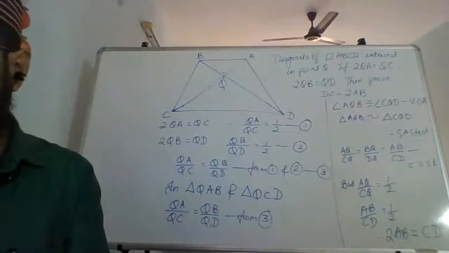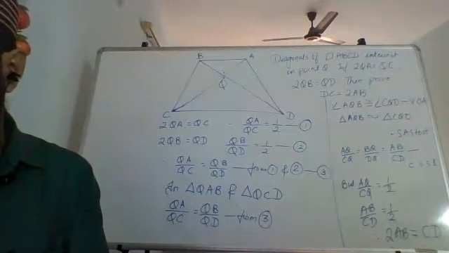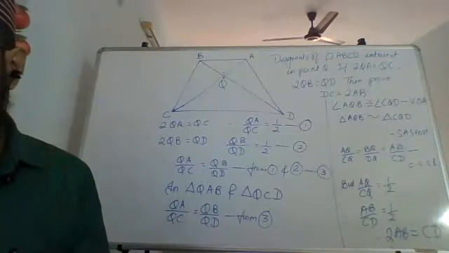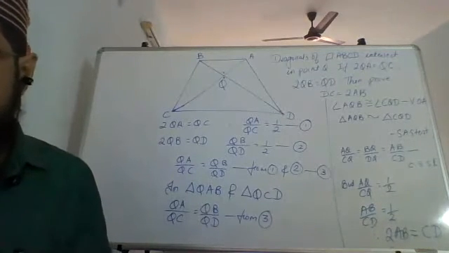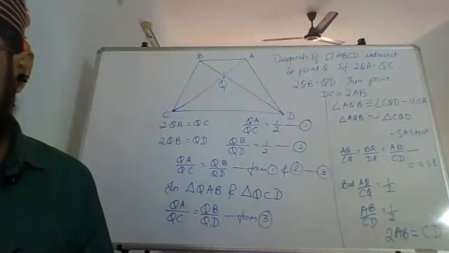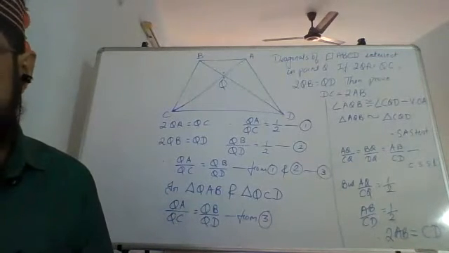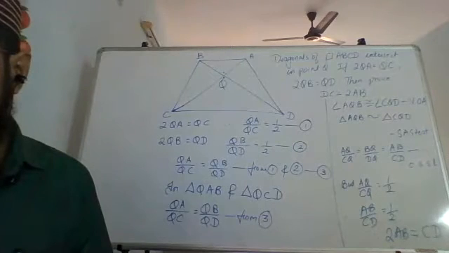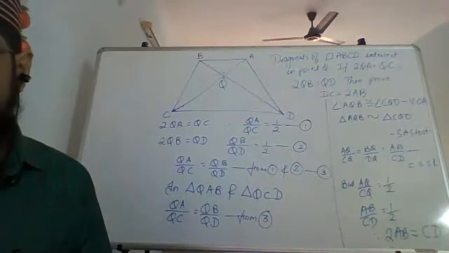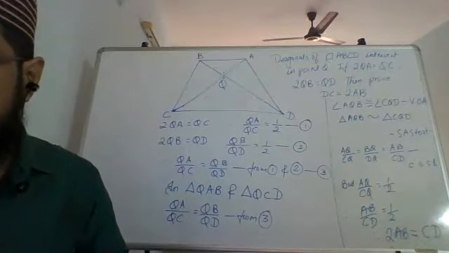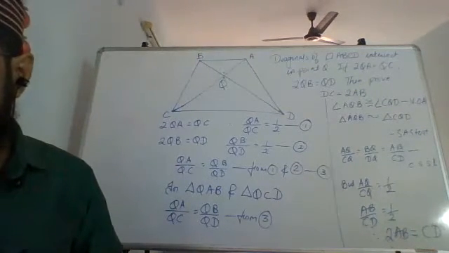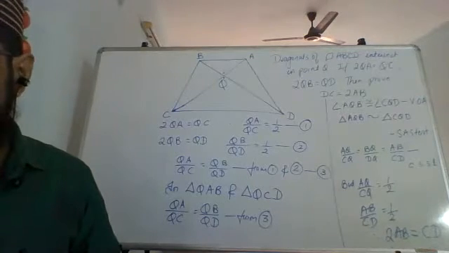When two triangles are similar, the ratio of areas of those triangles is equal to the ratio of the squares of their corresponding sides.